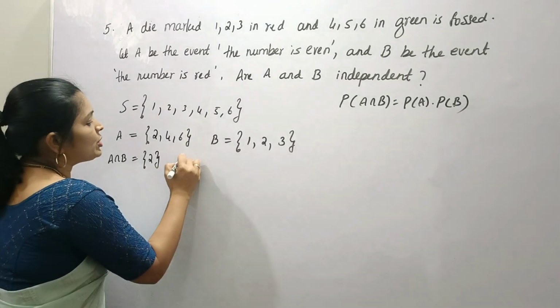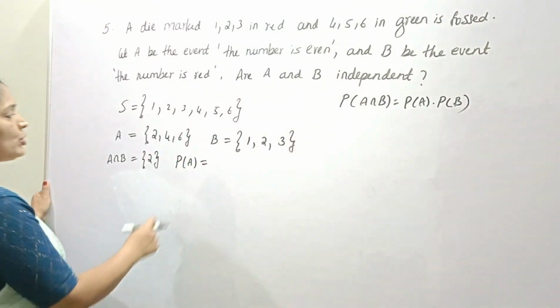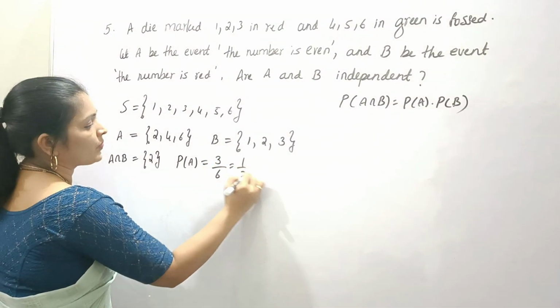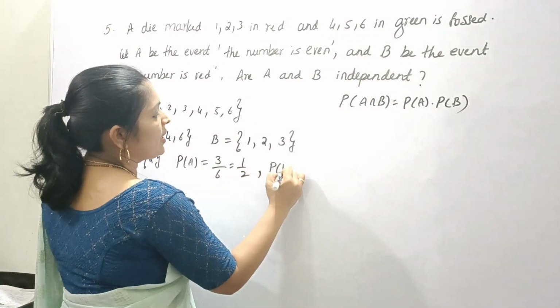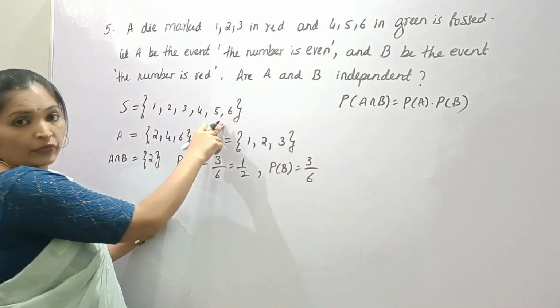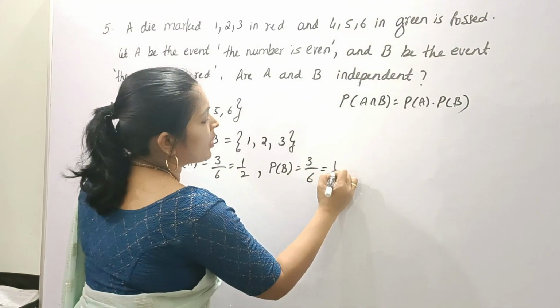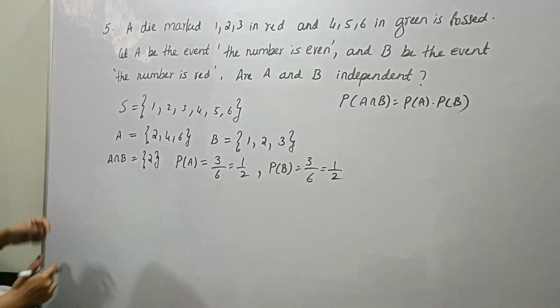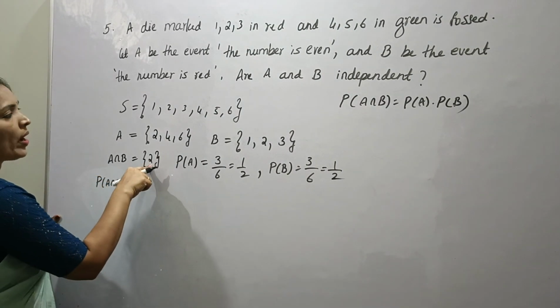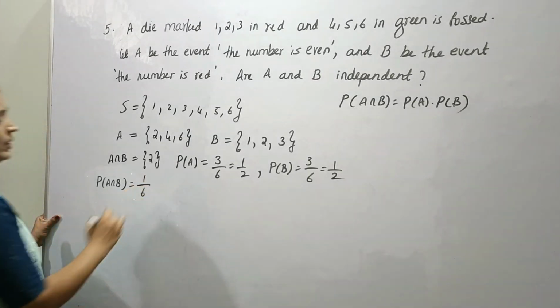Now let's find probability of A. What is probability of A? 3 divided by 6, that is 1 by 2. Probability of B, 3 divided by 6, number of sample space, that is 1 by 2. And what is probability of A intersection B? That is 1 divided by 6.